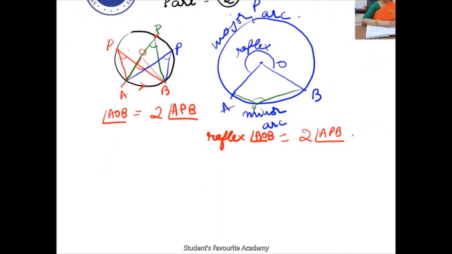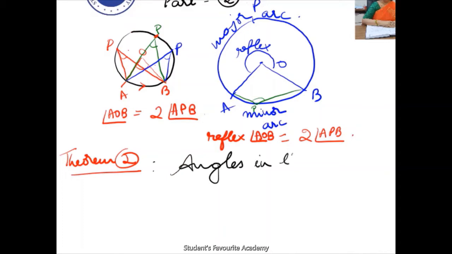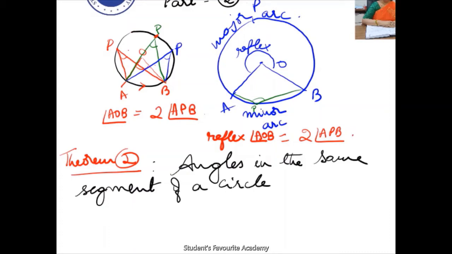Now the next theorem, theorem number 2 in your standard 10. It states: angles in the same segment of a circle are equal.